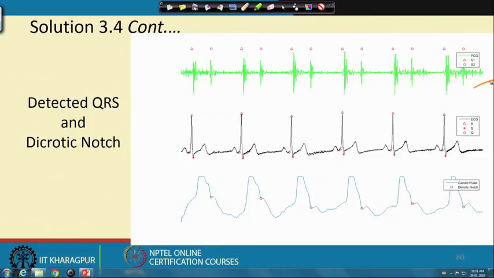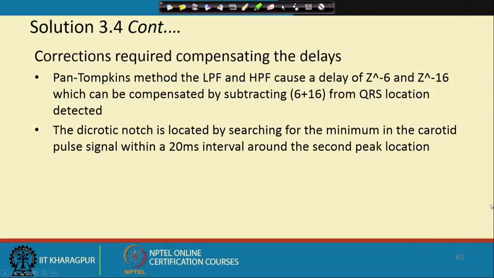We are showing the location of the R wave, which can give us the S1, and the carotid pulse signal is marked here. So, that is giving the location of the S2 point. Okay. So, that is the way we find out the location of S1 and S2.